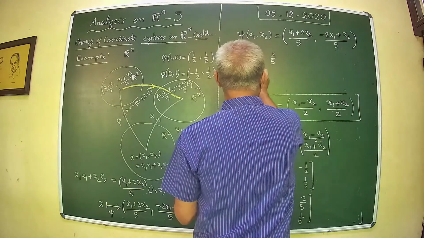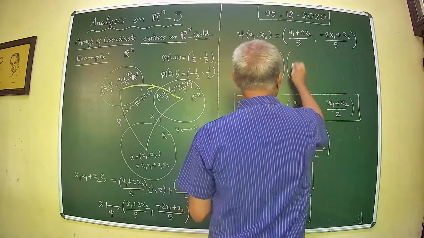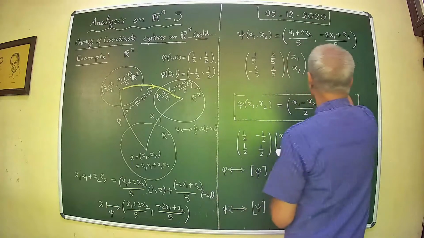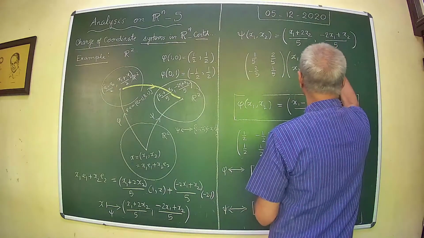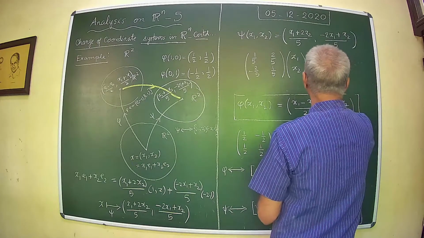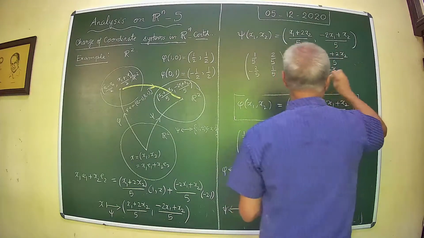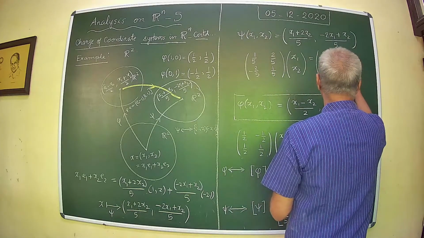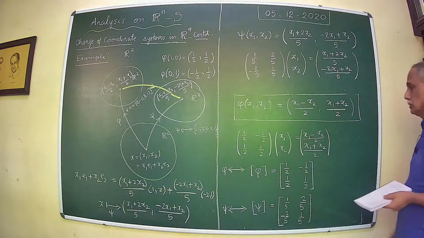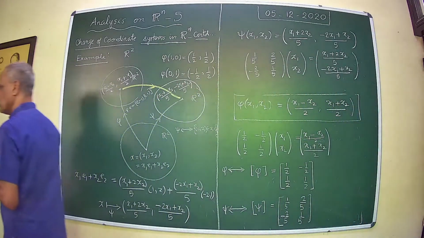Minus 2 by 5, 1 by 5, this is the vector. So both are now represented by 2 by 2 matrices.